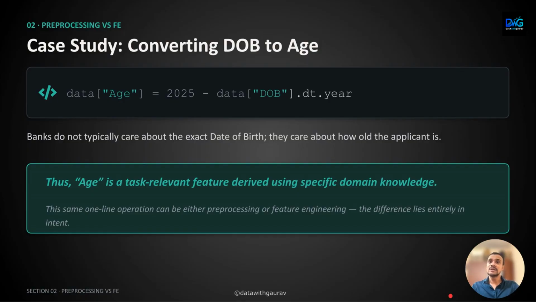That's exactly what feature engineering is all about. It's not just transforming data, it's transforming data in a way that makes it more relevant for the problem you are trying to solve. In this example, age becomes the feature the model learns from, while date of birth simply serves as the raw information which is used to create it.